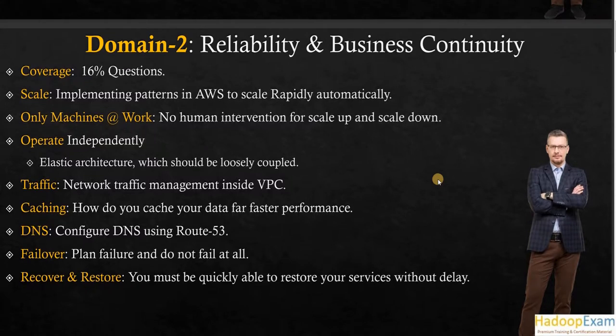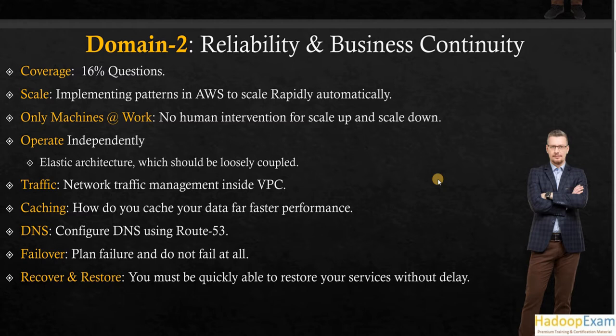Around 16% of the questions in this AWS SysOps certification are from this domain. So scale: you need to be able to scale your system, for example EC2 instances, correct? If load increases on your web application, you must be able to increase the number of EC2 instances in your environment, so that the user will not realize there is more load on the system and I'm not able to perform the operation.